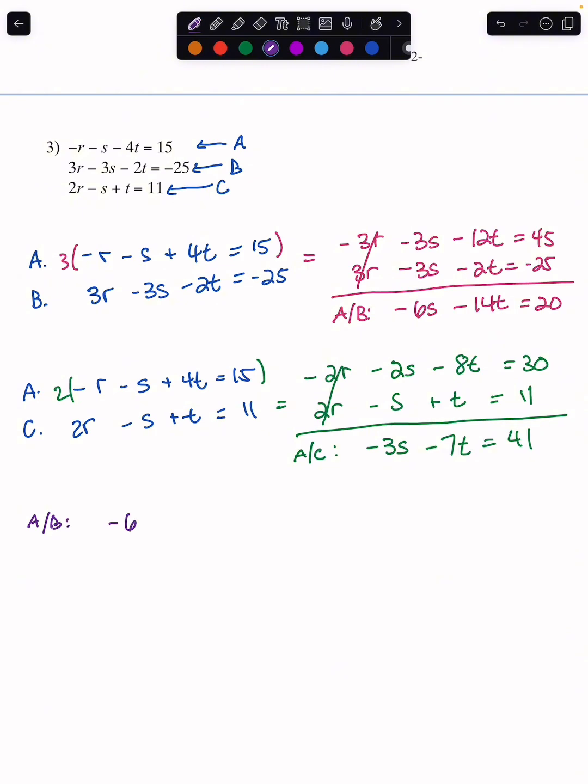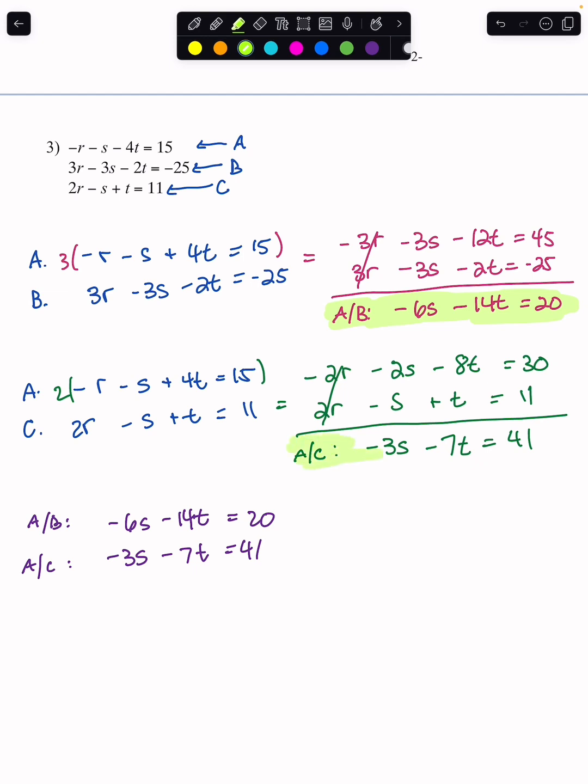And then line AC was negative 3s minus 7t equals 41. And before I move on, I want to go ahead and do my highlighting. This is an important equation, and so is this one. All right, back to this down here.